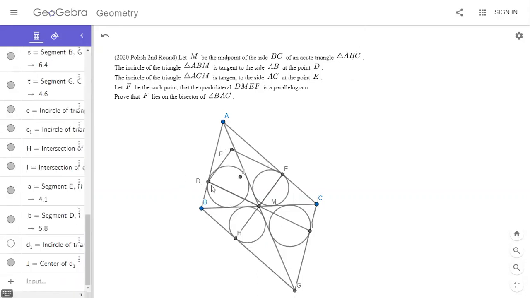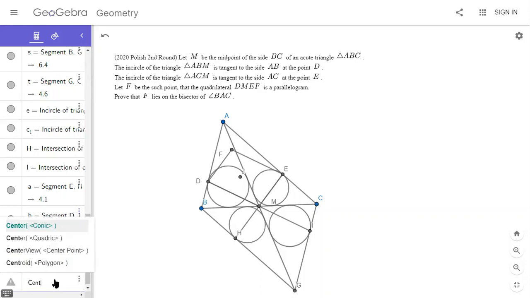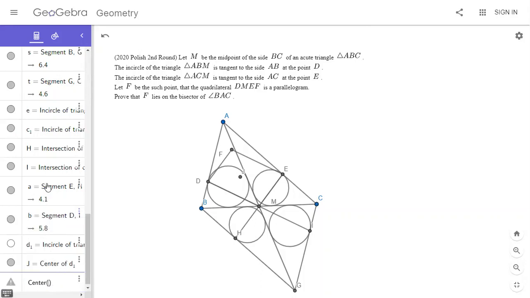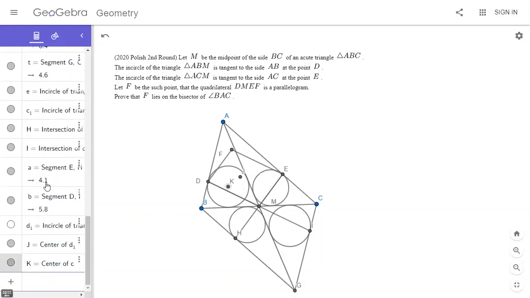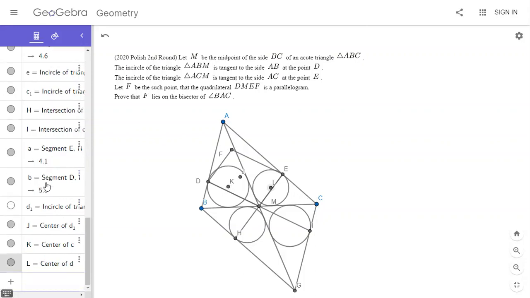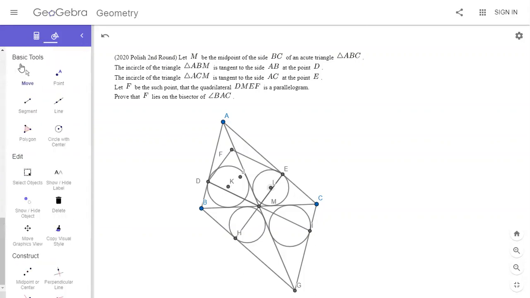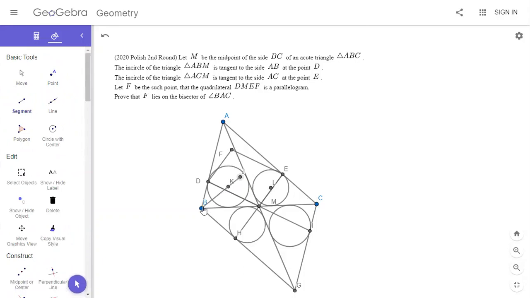Maybe I should draw the other two centers of the incircles, because basically they have to be collinear with BJ and CJ, right? So B, K and J are collinear, J, L and C are collinear.